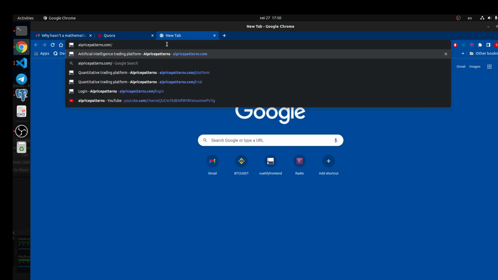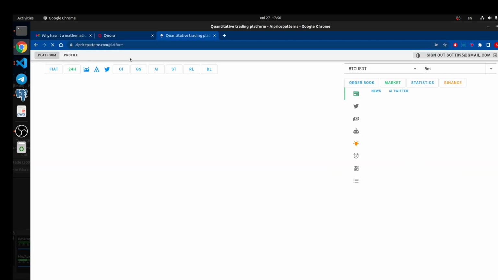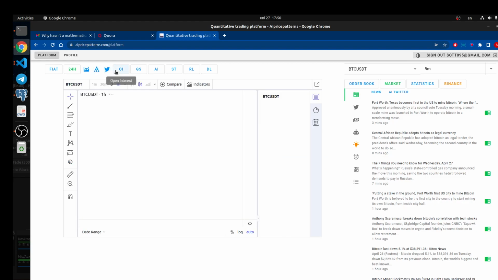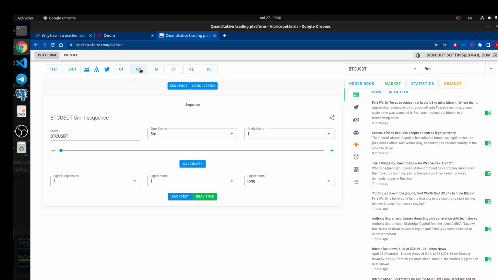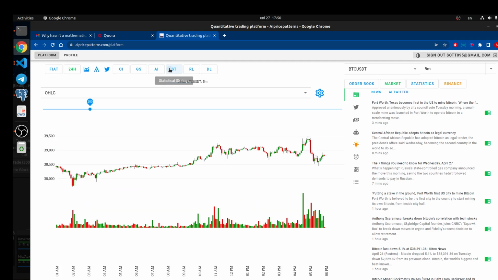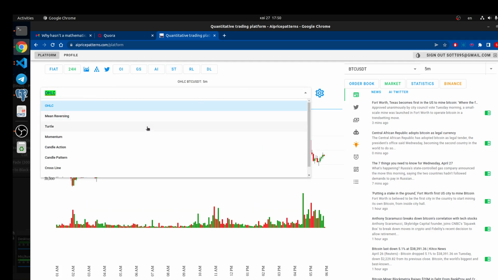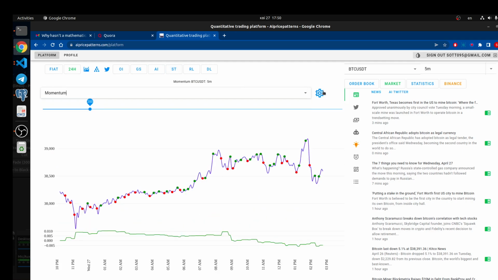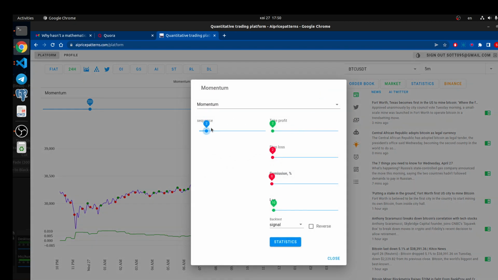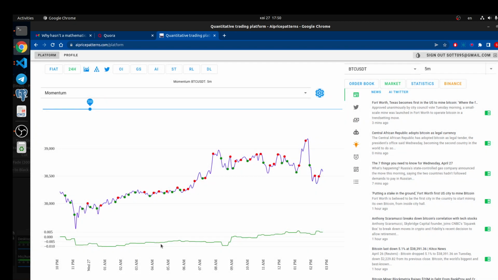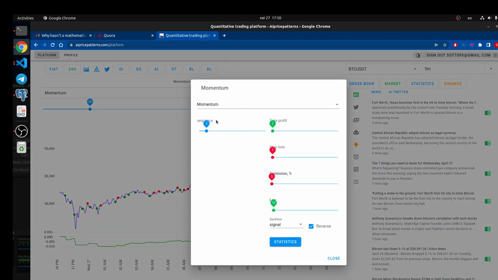Let's look at the platform, for example the advanced search statistical. When I used a momentum strategy, you see, we could find some relationship from the data. Let's look at the sequences with 1.